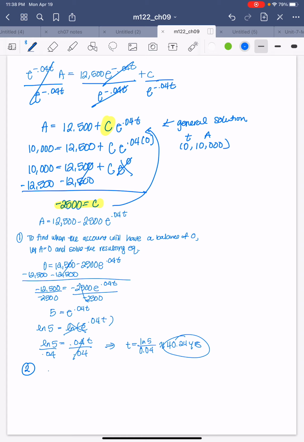So 40.24 times 500 will be $20,120. That will be the total withdrawal from the account.